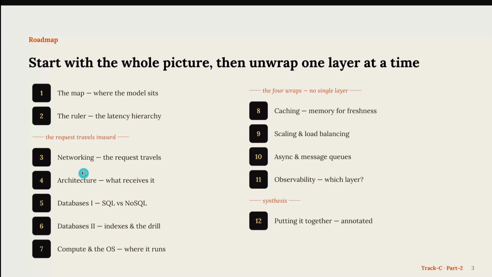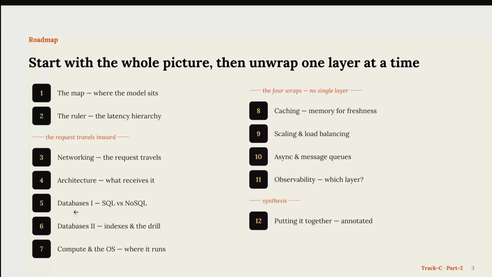That is, we understand networking, how the request travels from the moment we click the button until it goes to the LLM and comes back as a response. We need to look at architecture. What are the various elements or components of the system that receive the request and how it is routed at various levels. We need to understand databases.